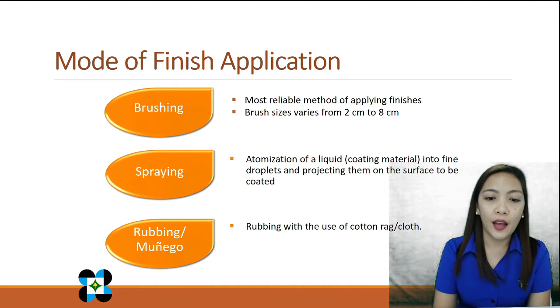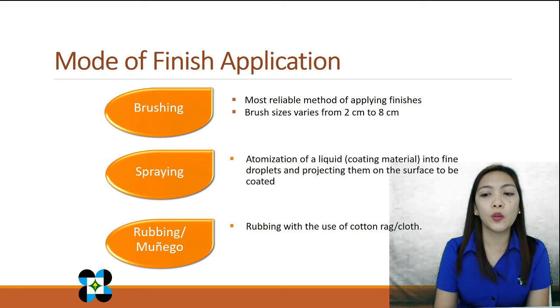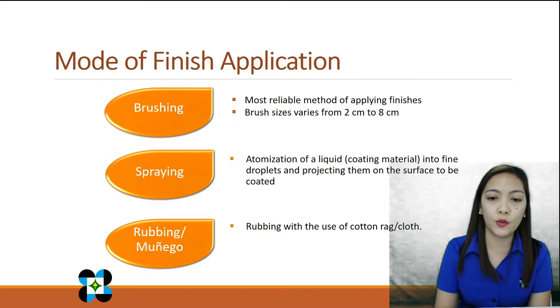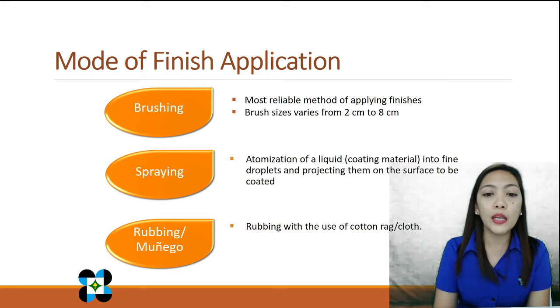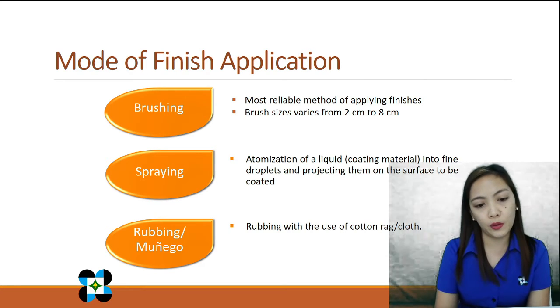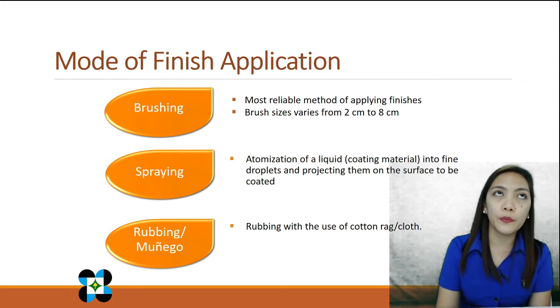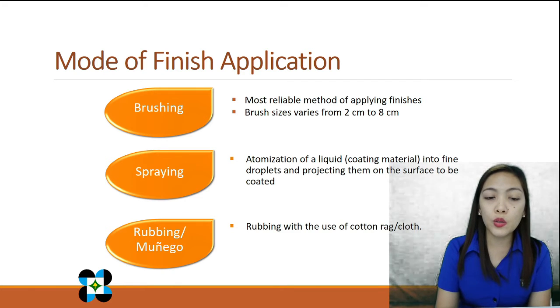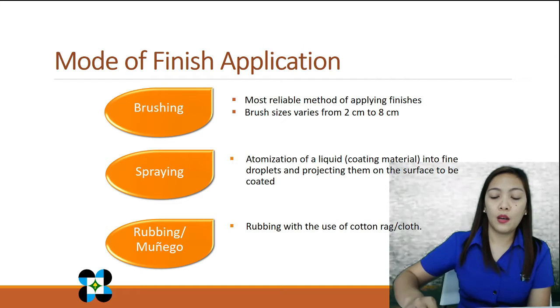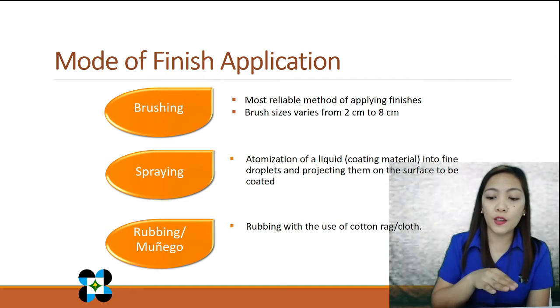Spraying, on the other hand, is the atomization of liquid or ng coating material into fine droplets, kung saan after the coating is atomized, ipinoproject ito sa surface that we're going to coat. Some finishers apply the finish through rubbing or yung tinatawag na munyego, kung saan yung liquid or cotton rag or cloth soaked into the finishing material is rubbed onto the surface.